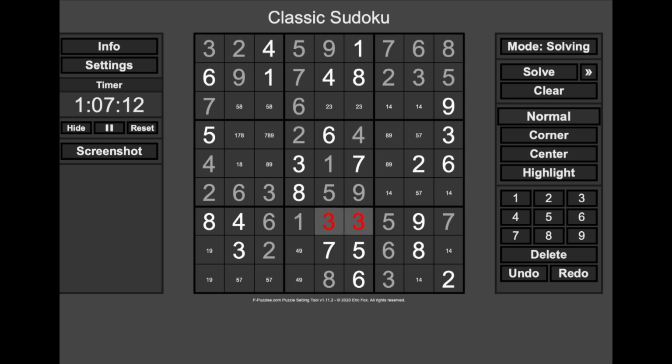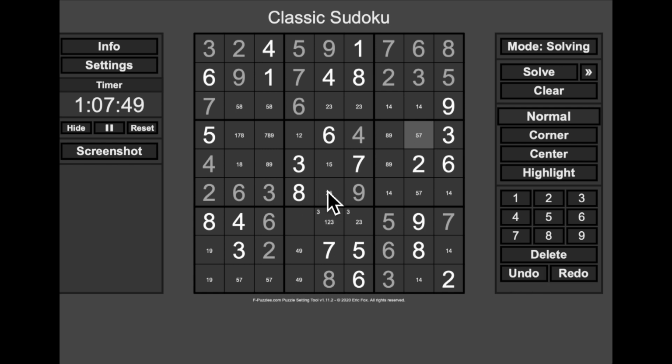This is now definitively a 2, 3 pair in some fashion. The 2, 6, 3, 8, 5, 9 says this is not 5. So that's 7. That's fiddlesticks. That can't be 5. Okay.